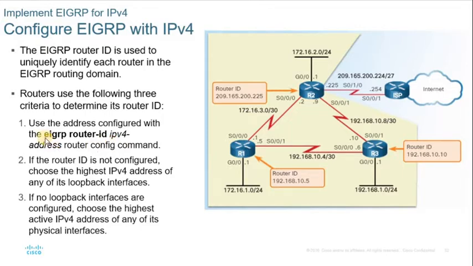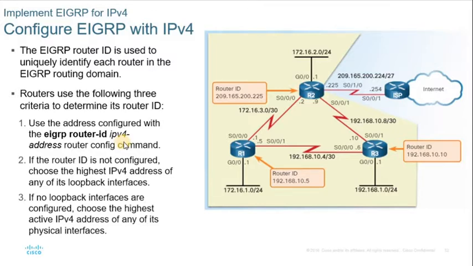I repeat, that is eigrp router-id, and then whatever you want to assign as the router ID on that router, in an IPv4 address format. For example, 1.1.1.1 or 2.2.2.2, as long as it is in an IPv4 address format. That is top of the hierarchy, a manual configuration of the router ID using the EIGRP router command.